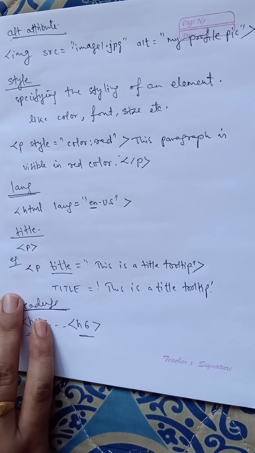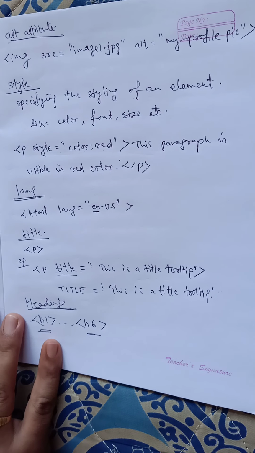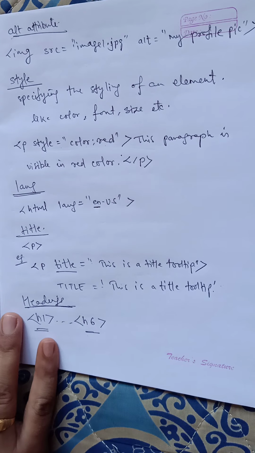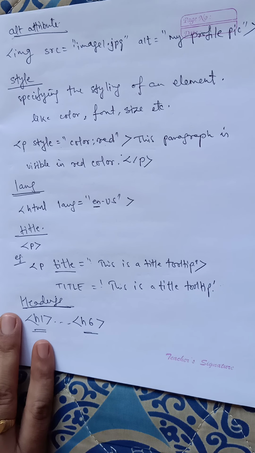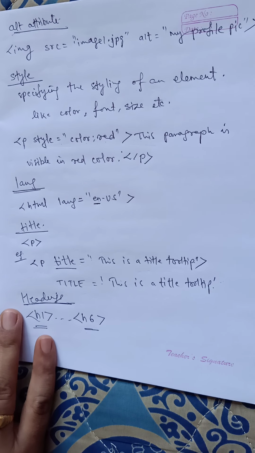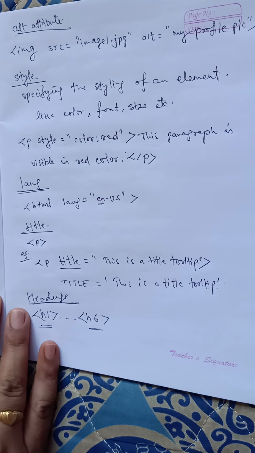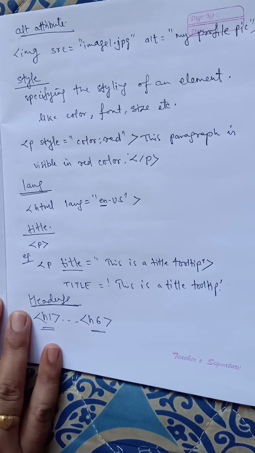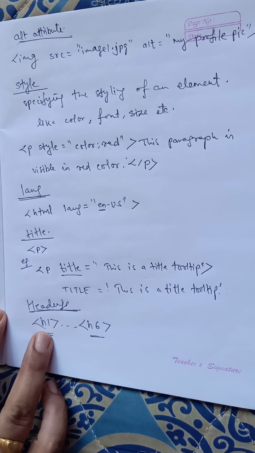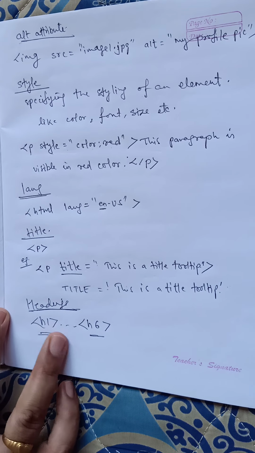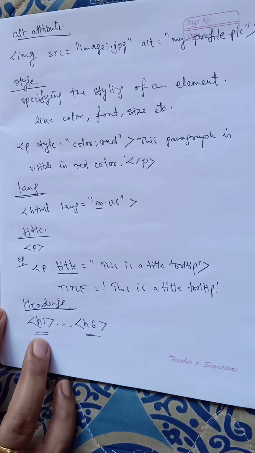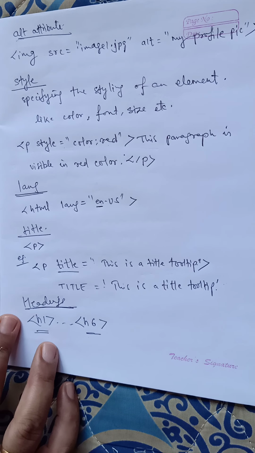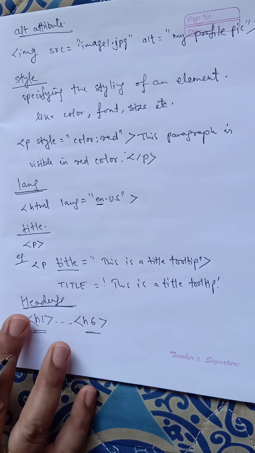Why are headings important? The search engines use the headings to index the structure and content of the web page. Also, users browse a page and go into detail by going through the headings. Therefore, it is important to use headings to show the document structure.